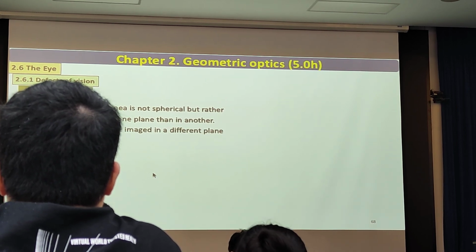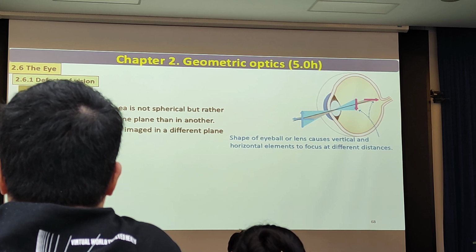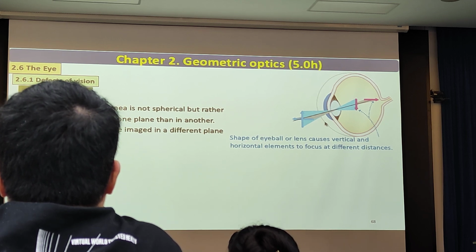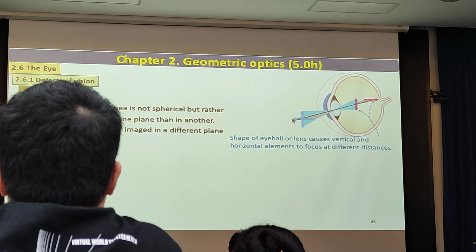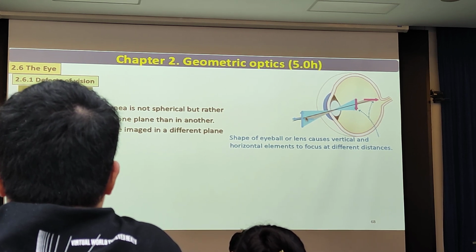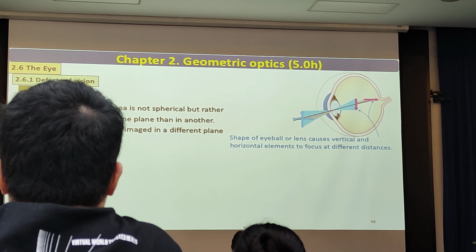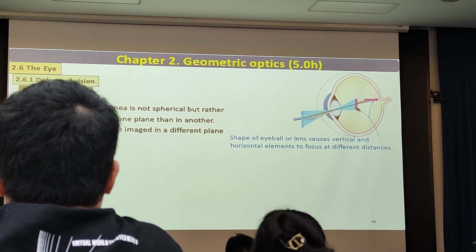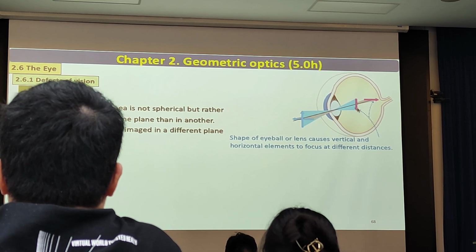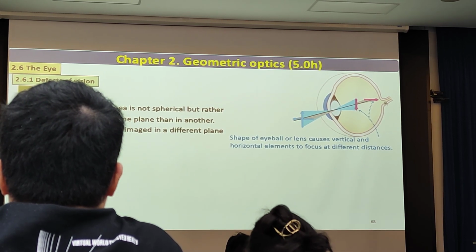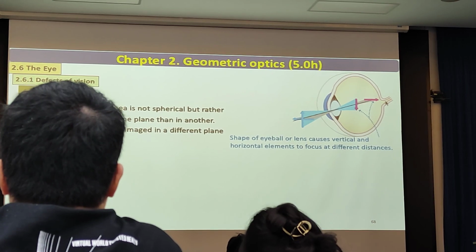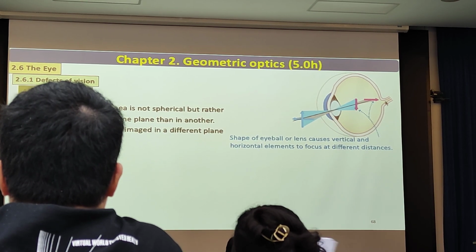So we can see that the horizontal lines may be imaged in different planes from the vertical one. So you see two directions, vertical and horizontal one. And then because of the shape of the cornea, the image is vertical here, but horizontal there. So you will see the object look strange.